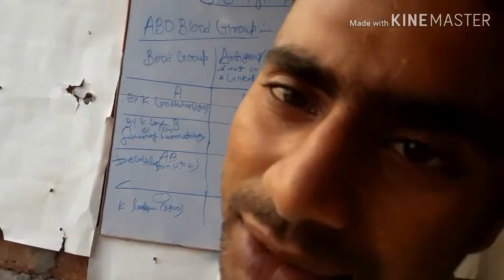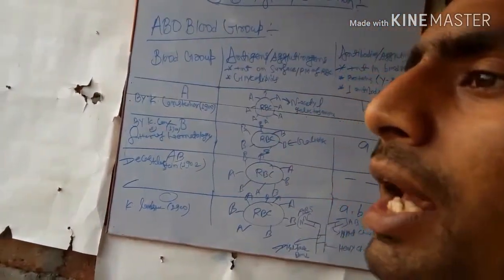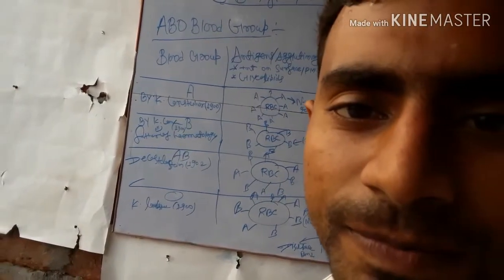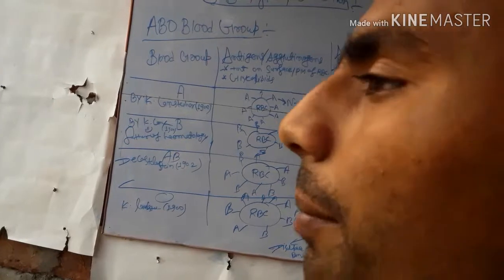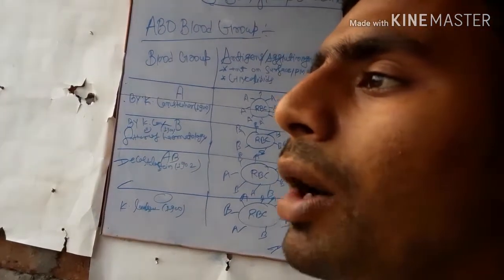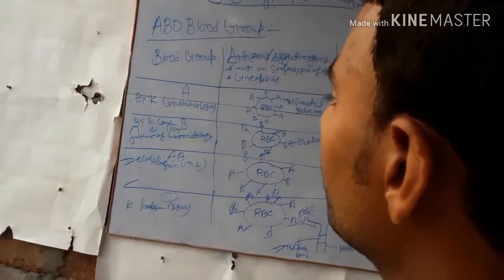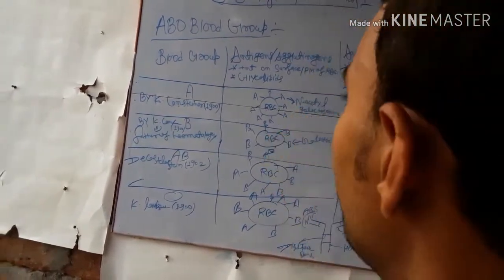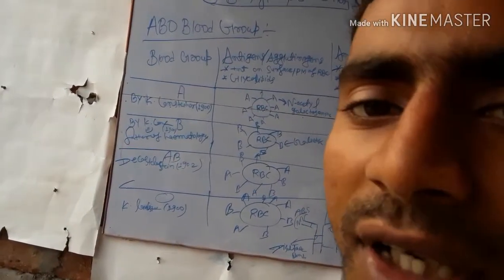The first topic is the ABO blood group. Today we will take complete knowledge about the types of blood, its discovery, and what antigens and antibodies are.